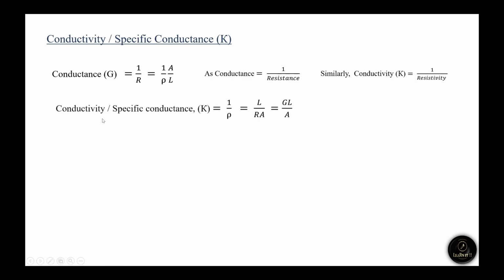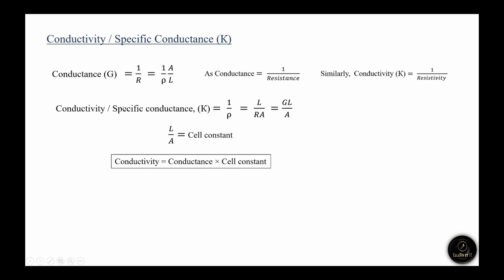That's why conductivity or specific conductance kappa is equal to 1 by rho, which is equal to L by RA, which is equal to G into L by A. Here L by A is called the cell constant. That's why conductivity is equal to conductance into cell constant.